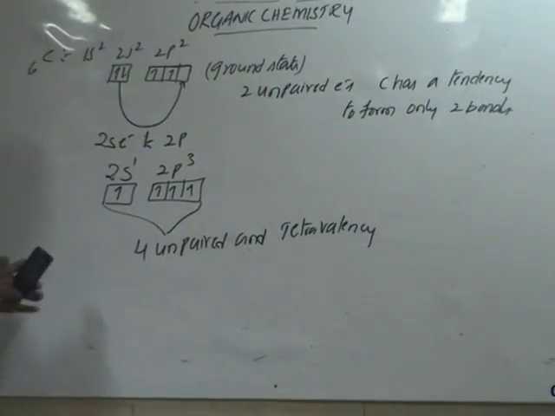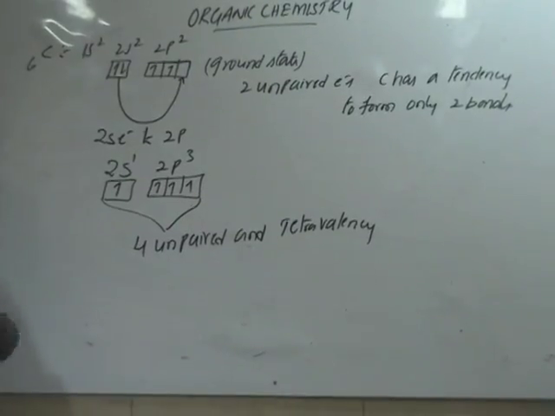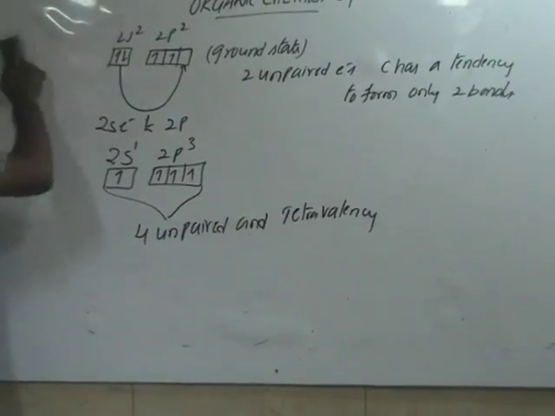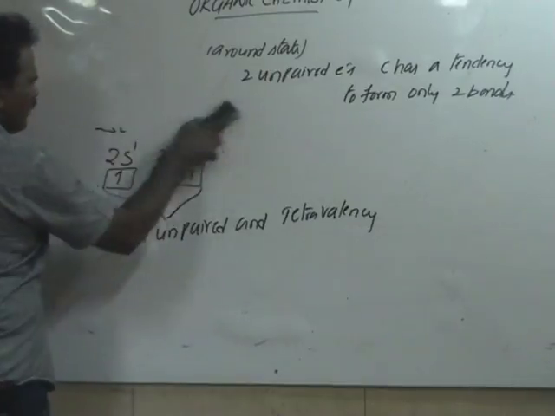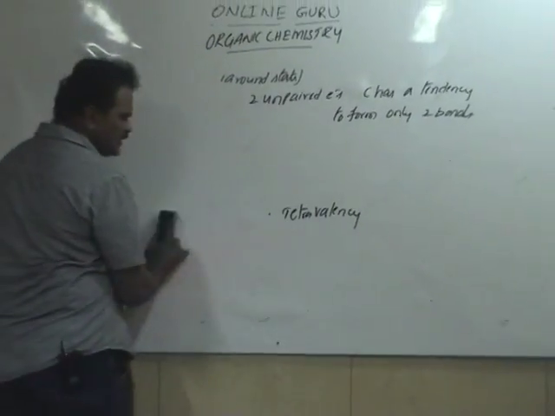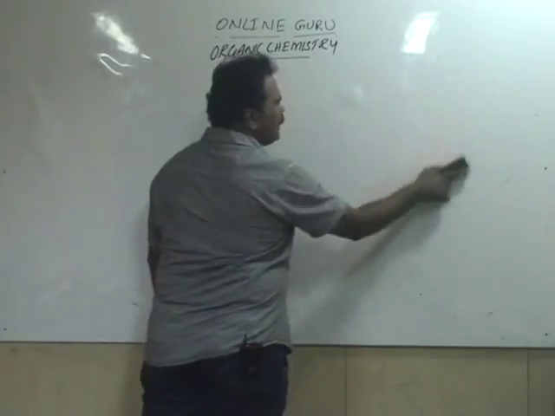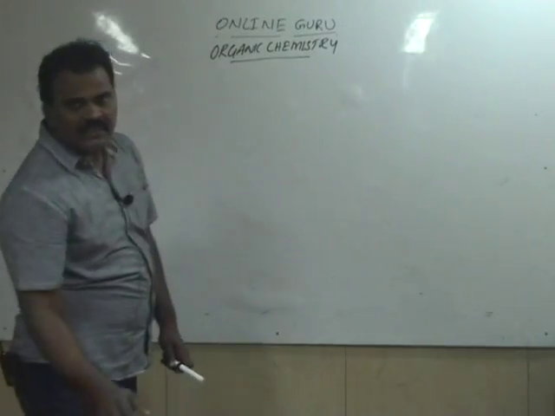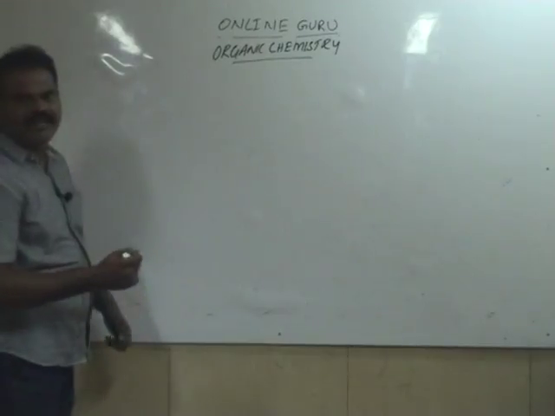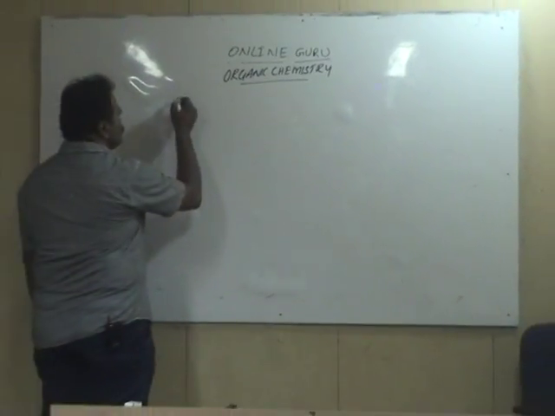Next, what type of hybridization is shown by the carbon atom in its organic compounds? How does it form multiple bonds with identical atoms as well as with oxygen or nitrogen?